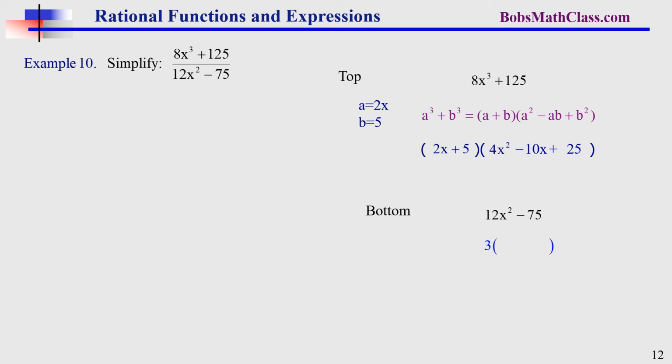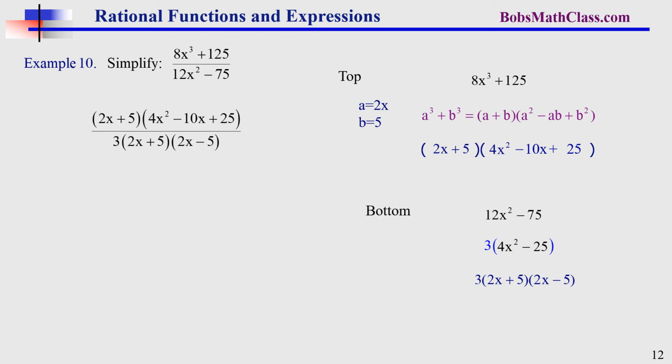So factor out a 3. What does that give you inside the parentheses? 4x squared minus 25. Now what is that? Oh, that's a difference of two squares. 2x plus 5 times 2x minus 5. Okay, that's the denominator.